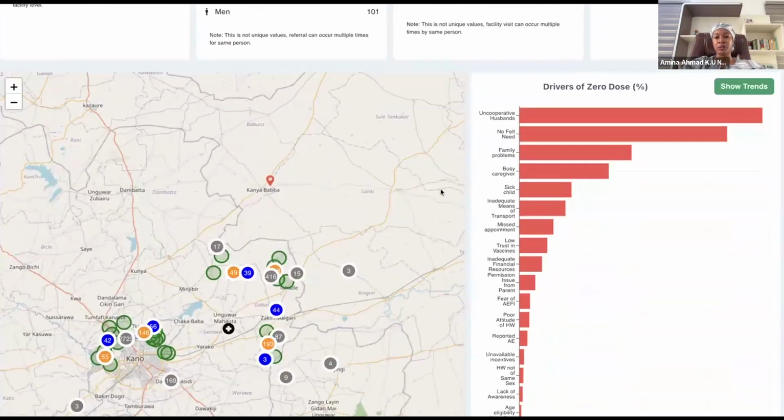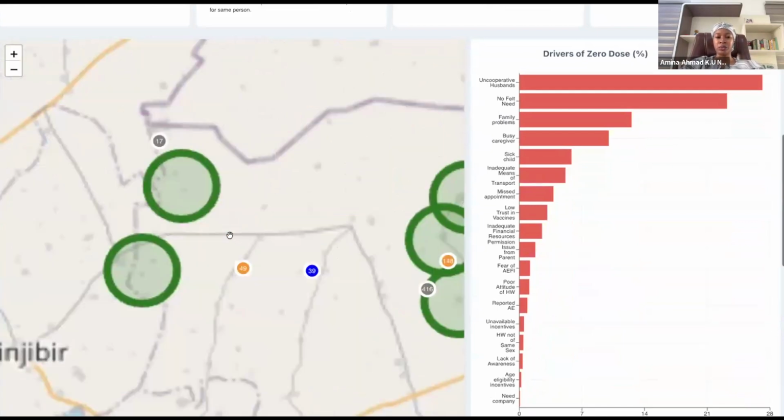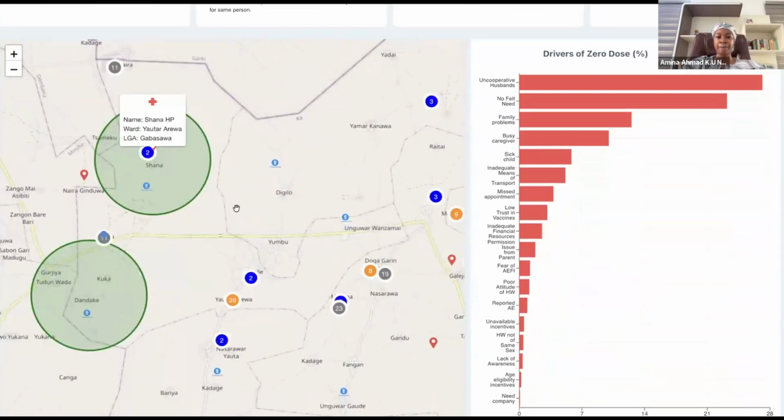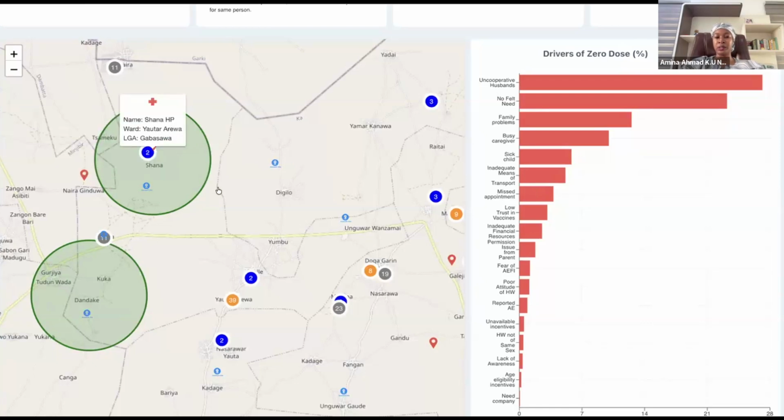This is quite interesting. We have a map of the households in the communities, and again our target is zero dose. So for example, you can scroll in. The green gradient here represents 2 kilometers within a health facility. So we know whether a household, especially a zero dose household, is within 2 kilometers of a health facility.